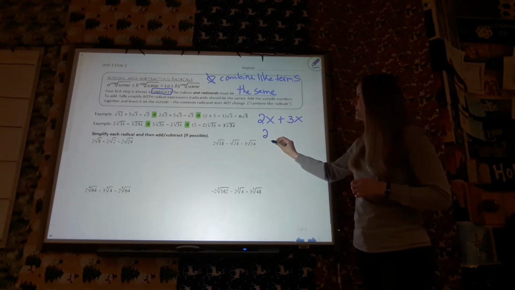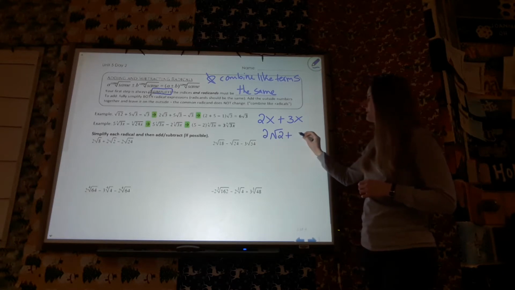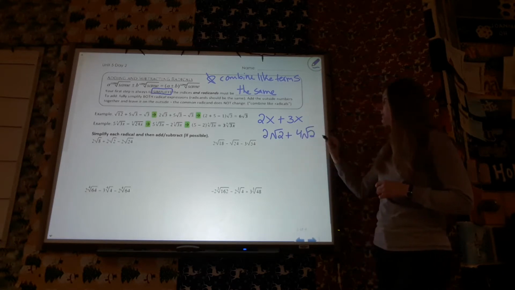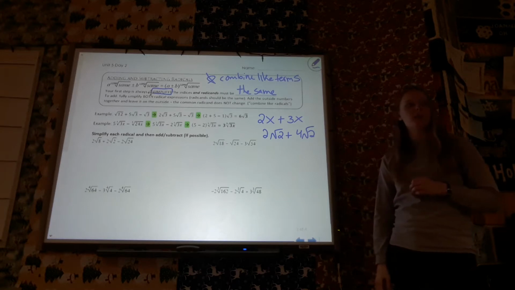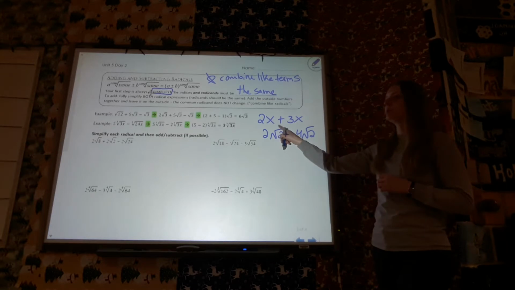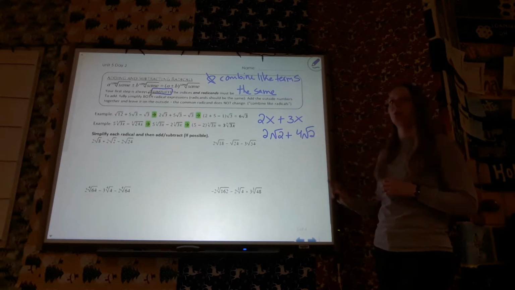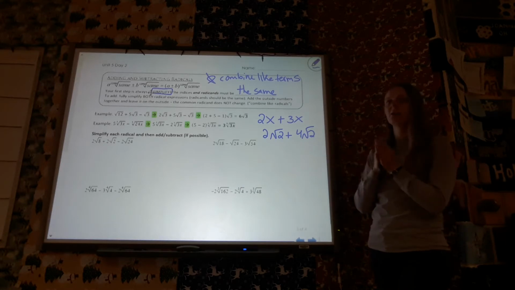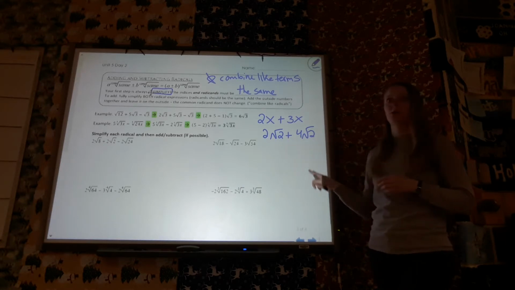So for example, if I had 2 square root of 2 plus 4 square root of 2, what do you think the answer would be? I have 2 square root of 2 and 4 square root of 2. So if you had 2 of these and then 4 of these and you add them together, then you have 6 of them, so it would be 6 square root of 2.